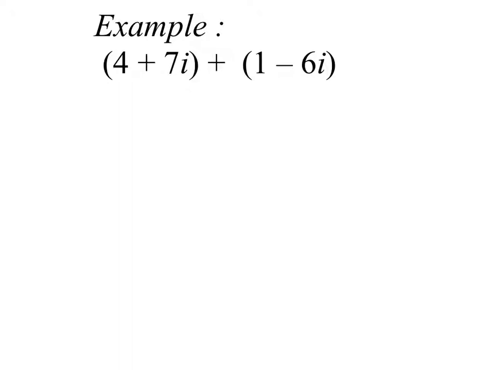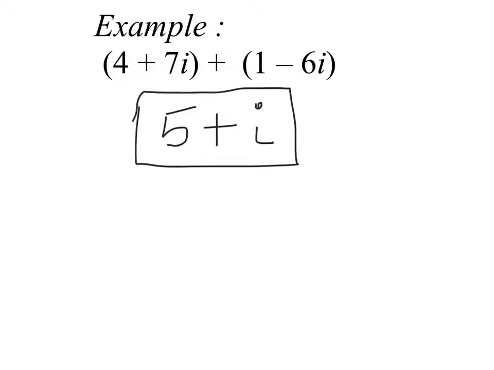So here I have a 4 plus 1. 4 plus 1 is 5. And then I'm going to have a plus sign, and then I'm going to add the i's together. I have 7i minus 6i, and that's just 1i. But I'm just going to write i. I'm not going to write 1i. I'm just going to write i. And that's it. How simple is that?